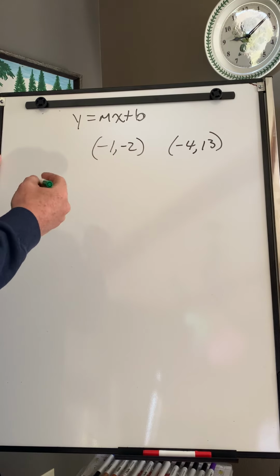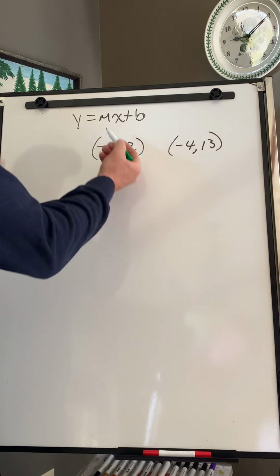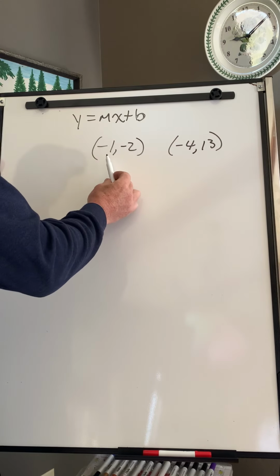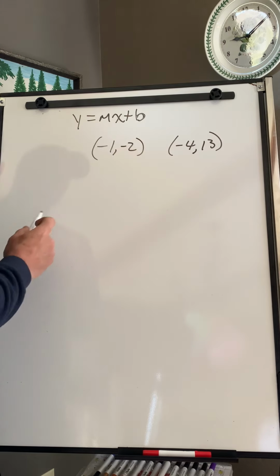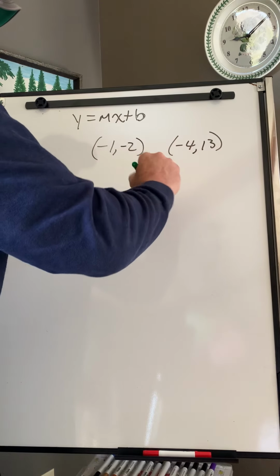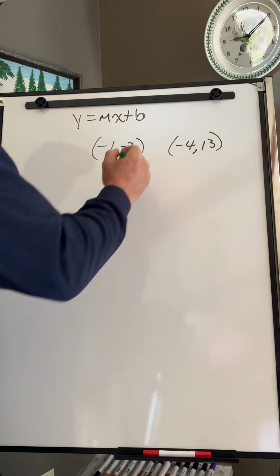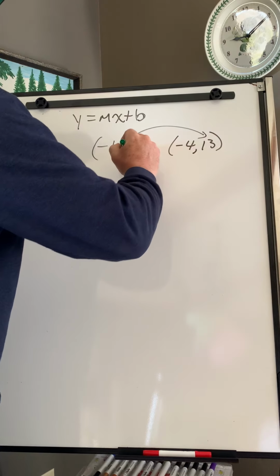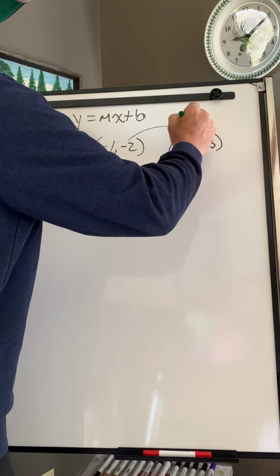What we need to do, we're given 2 points and we've got to make an equation. So the first thing we can do is find the slope. Instead of writing m equals y2 minus y1 and doing all that, I just do this. I go, well, -2 goes up 15.